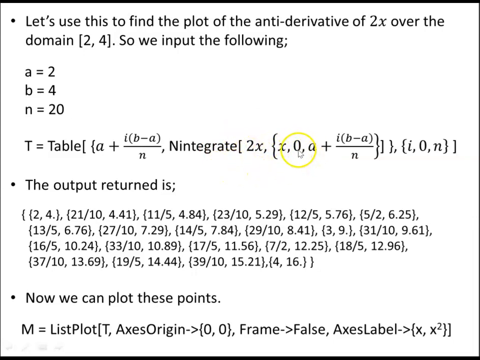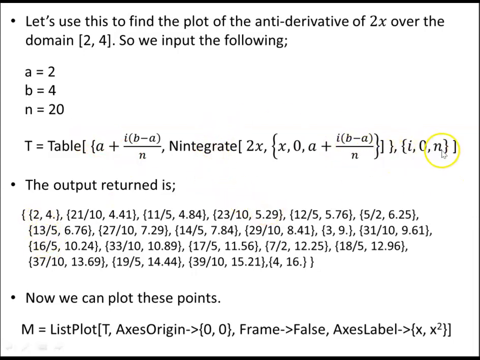And the key thing here, which I'll be explaining throughout this video, is this value here. I'm not exactly clear on the role of the value, but it plays an important part. Together, this bit here, n and Integrate in the square brackets, produces the vertical coordinate. This bit here produces the horizontal coordinate. So this is a table of ordered pairs, which can then be plotted.